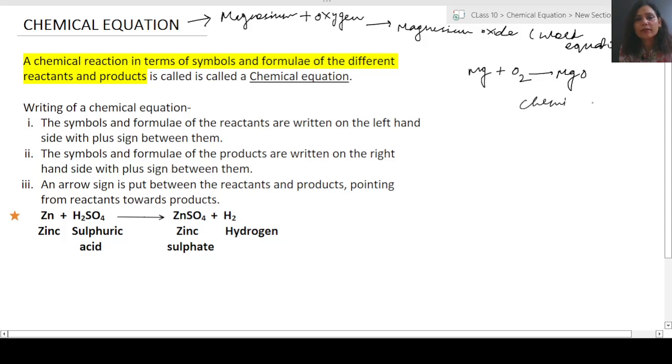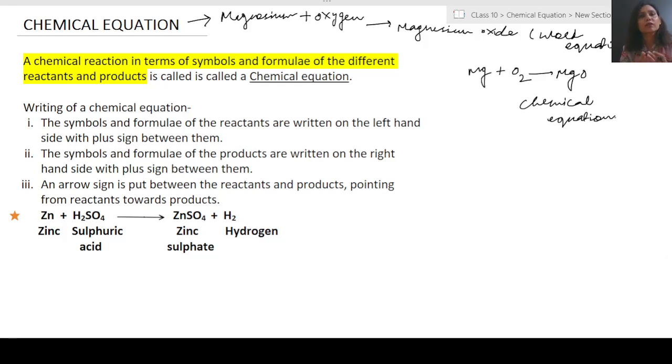So there is a difference between a word equation and a chemical equation. They are obtained from a chemical reaction. A chemical reaction is the full sentence: magnesium ribbon is burning with oxygen. It burns with a dazzling light and produces a white powder, magnesium oxide.